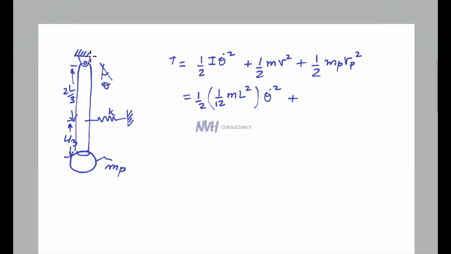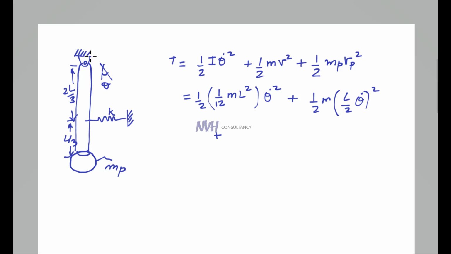for the translational kinetic energy or velocity, what you will have is half m. In terms of theta, you can write the x as equal to the total length of this mass divided by 2. Okay, so the total length is L and over 2 halfway, and then that is theta dot square.